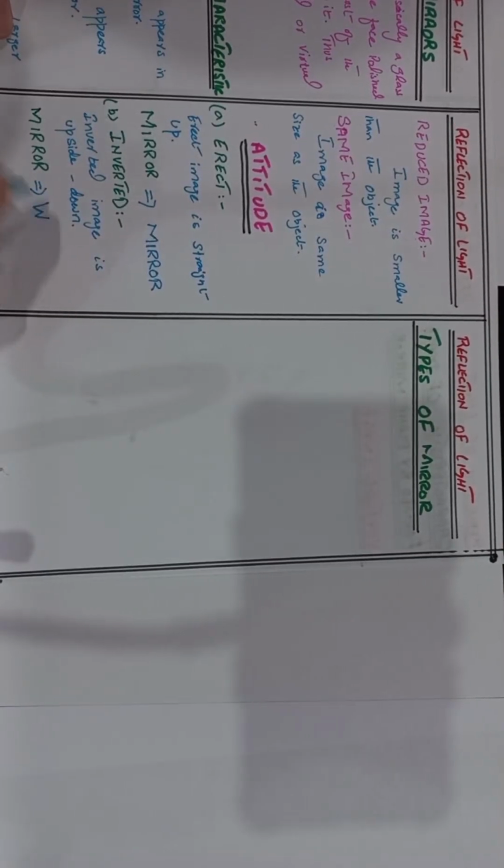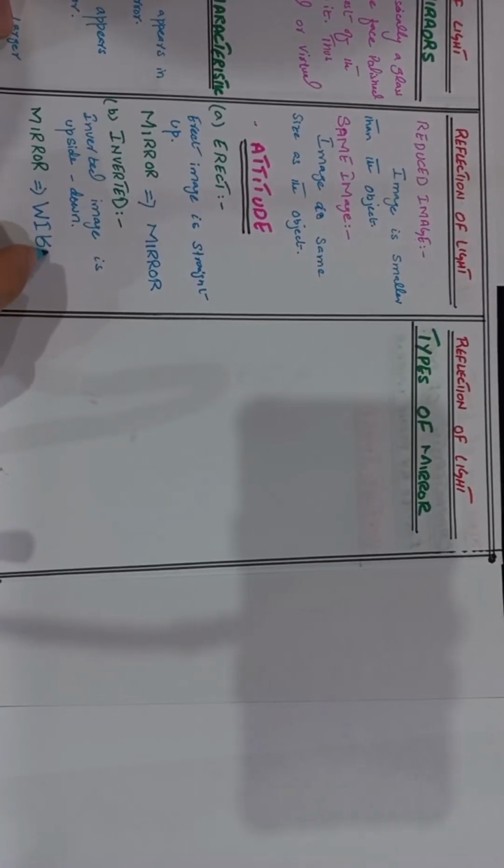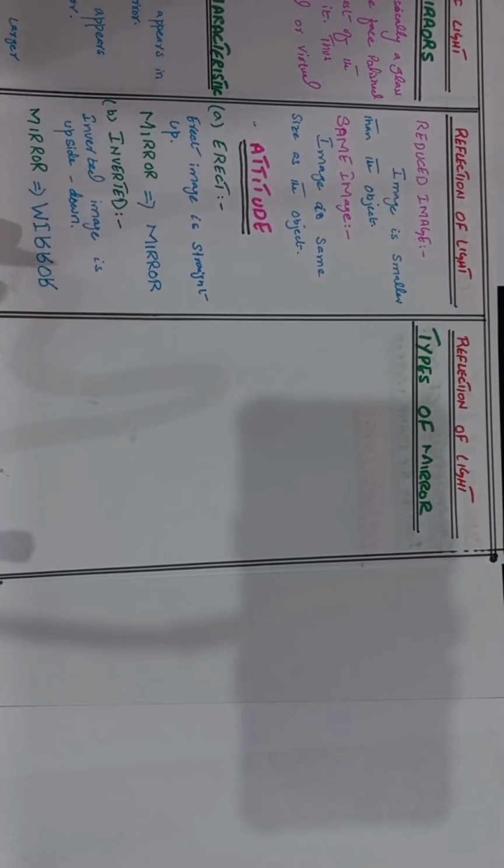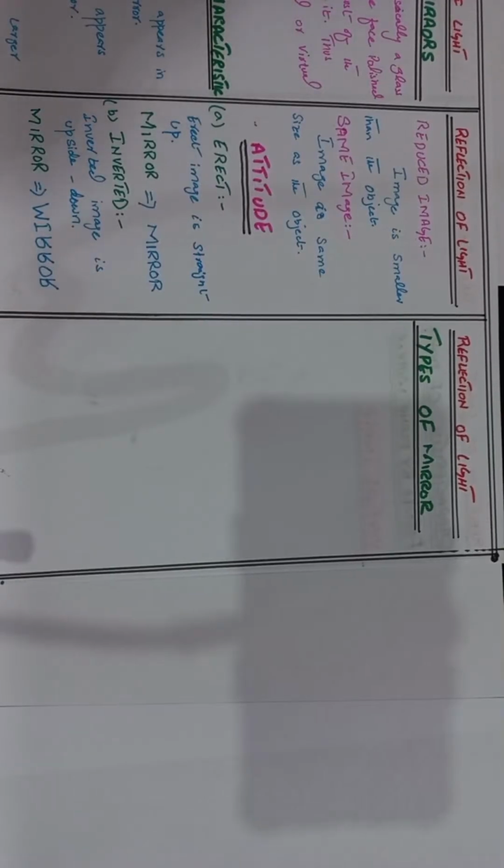The image we see in the mirror looks like M-I double R-O-R. This is called the inverted image. So we discussed two types of the attitude, erect and inverted, and the third type is the laterally inverted.